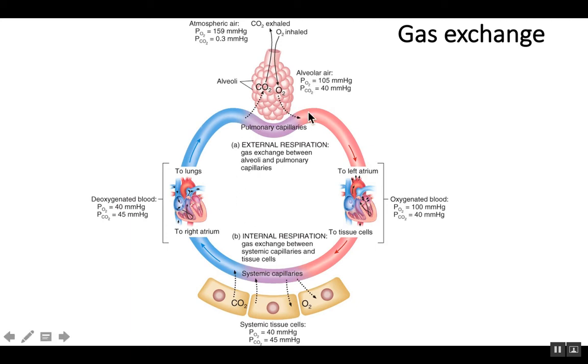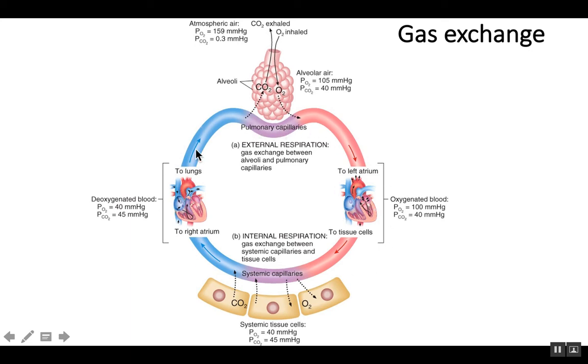What we're looking at here is a drawing that represents the entire cardiovascular circuit, systemic and pulmonary. So here is the systemic circuit at the bottom, heart to cells, back to the heart. Here's the pulmonary circuit, heart to lungs, back to the heart.